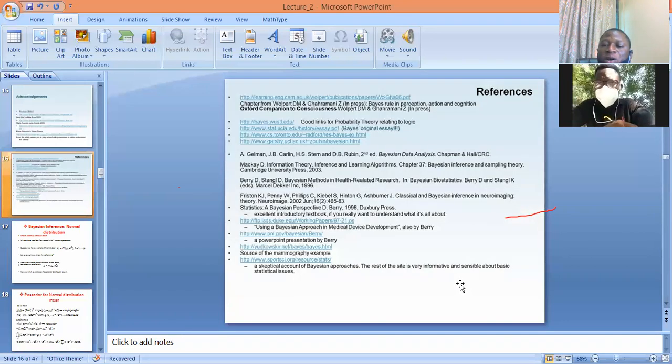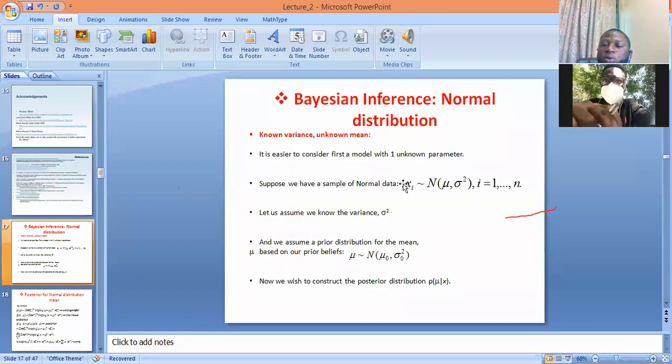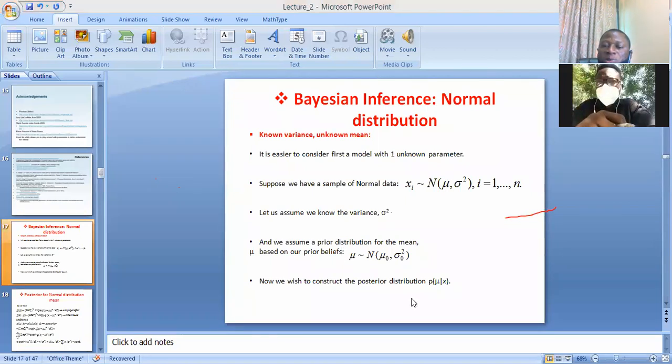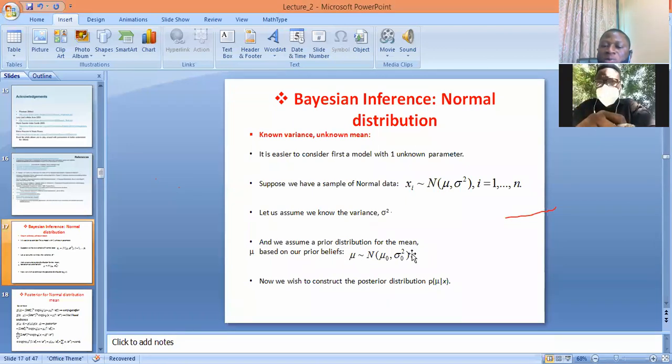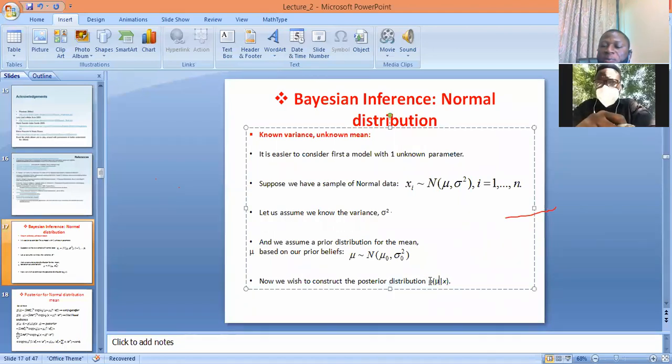Now, we know the data likelihood, which is this, and we say it has a normal distribution. And then we have the mean distribution to also have the normal distribution. What we are looking for is the posterior, which is here.